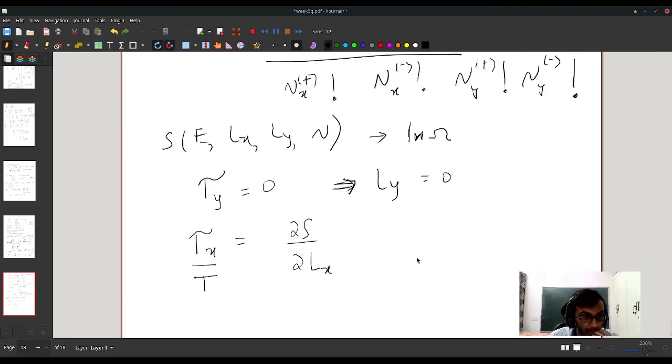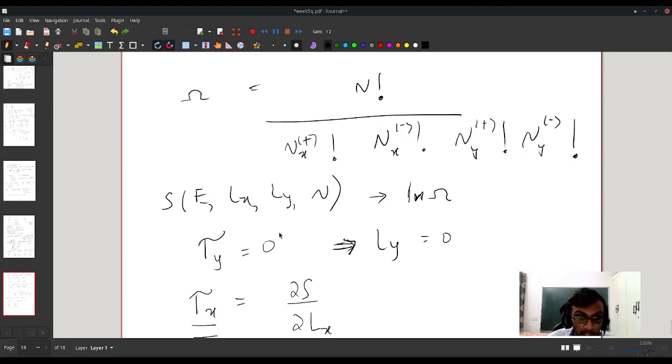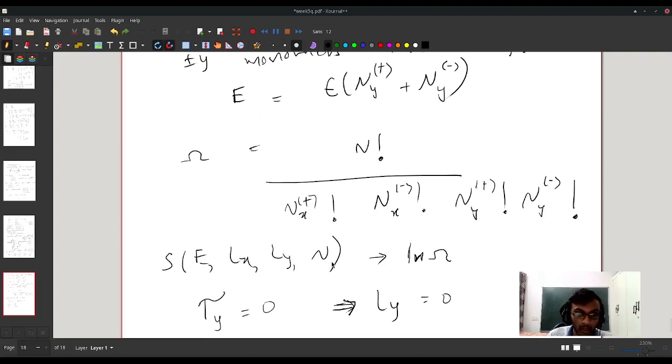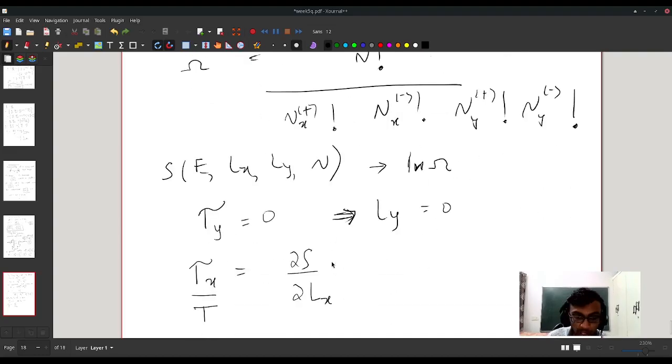So these can be calculated, and like I said, because of the time factor, let us instead look at the dependence of entropy on the length.